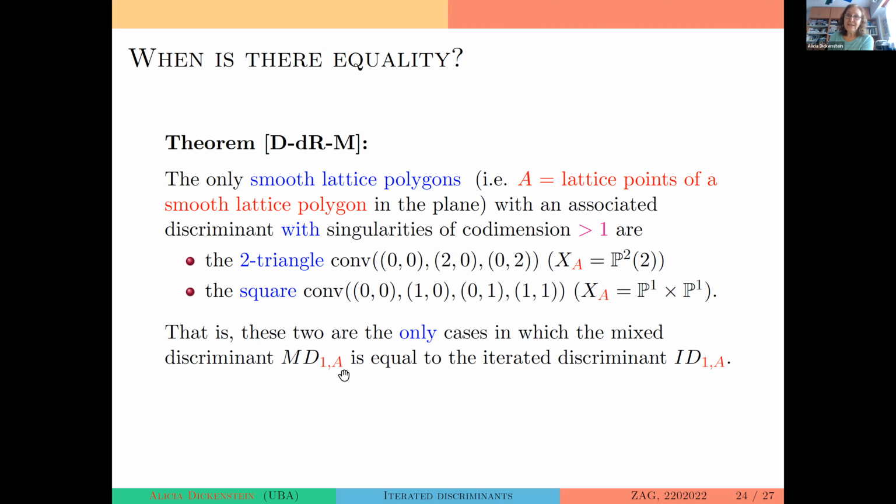And there are only 2 cases, the cases that we already have. Either the polygon is the triangle, so we get homogeneous polynomials of degree 2, or the bilinear polynomial, so the square. There are no other cases.